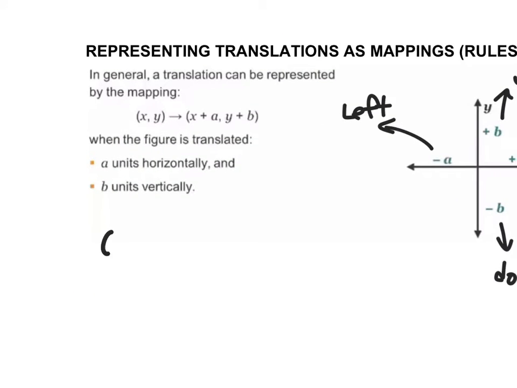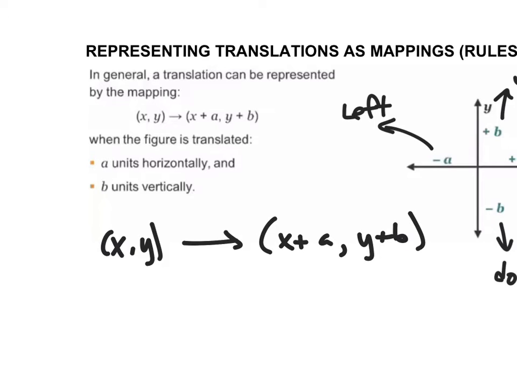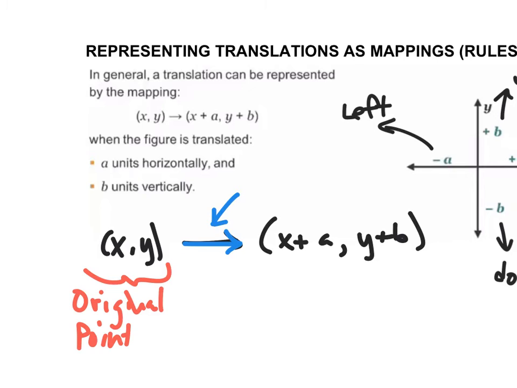Let's write down x comma y, translation, and then x plus a, and then y plus b. Let's write that down, because I want to talk about what each of these components mean. xy is your original point, or a point on the preimage. This arrow here indicates a translation, a transformation of some sort.